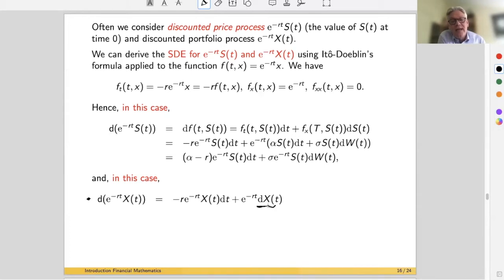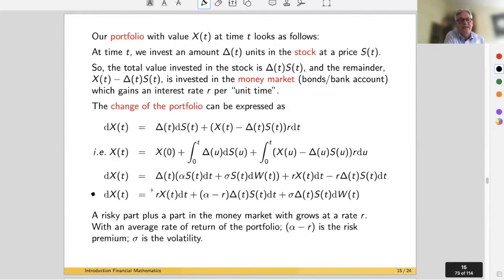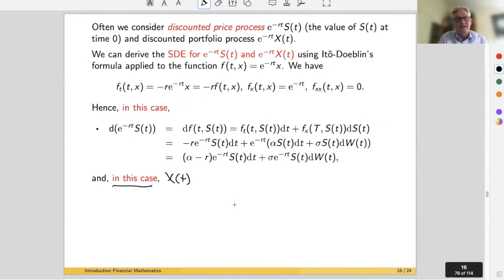Well, dXt we have just derived on the previous slide. Let's look at it again. dXt was r Xt dt plus (alpha minus r) delta t St dt plus sigma delta t St dWt. So we will substitute that for the dynamics of x, for dx, in the next slide.